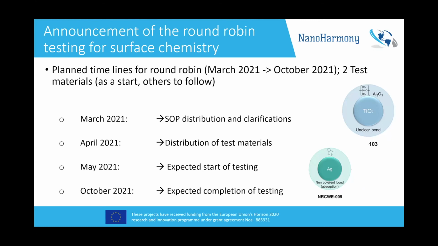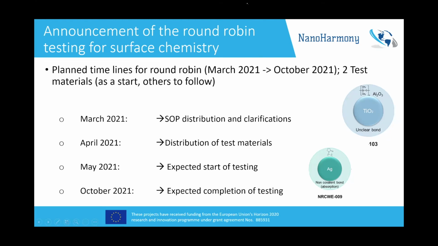We decided to stagger that simply for practical reasons, otherwise it would overwhelm our small group. So the timeline would be in March 21, an SOP distribution and time for clarification. Then in April 21, distribution of test material if needed.